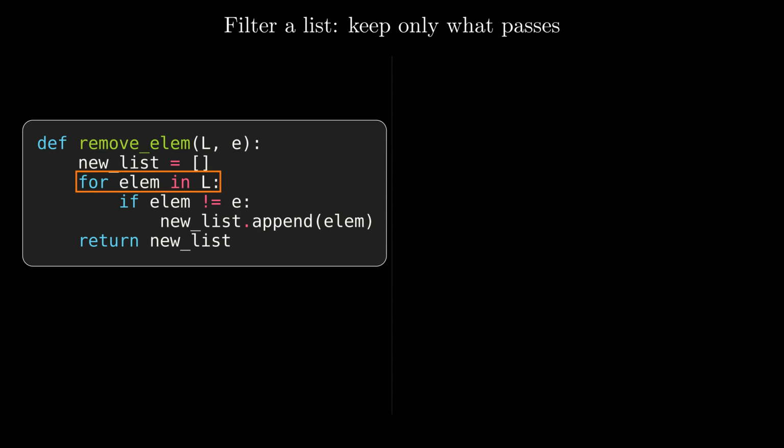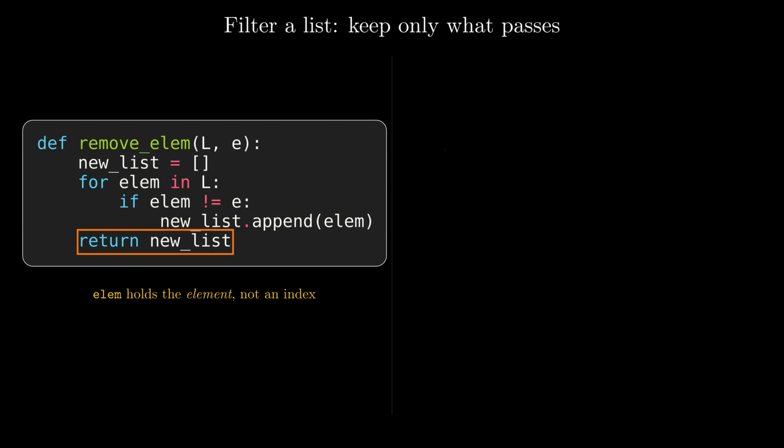One caution, naming the loop variable i here would be misleading because that letter usually signals an index. But this variable holds the element itself, so we call it element. For each element, if it is not equal to e, we keep it by appending it to the new list. Otherwise, we skip it. At the end, we return the new list.